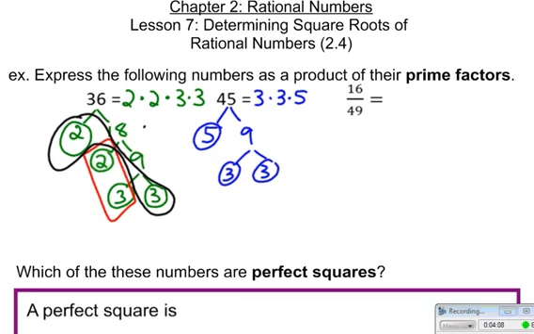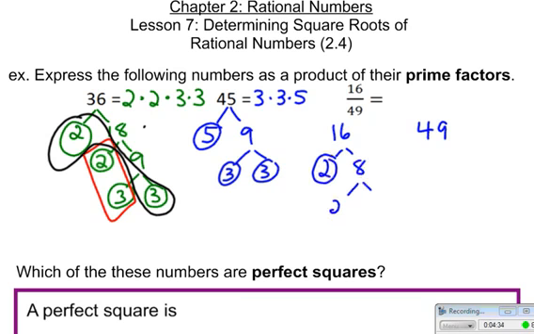When we look at our last example, 16 over 49, we're actually going to do factor trees for each of the numerator and the denominator. So we're going to do a factor tree for 16, and we're going to do a factor tree for 49. So 16 splits into 2 times 8. 2 is prime.